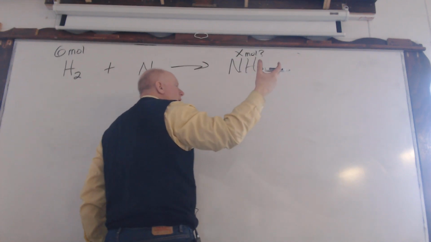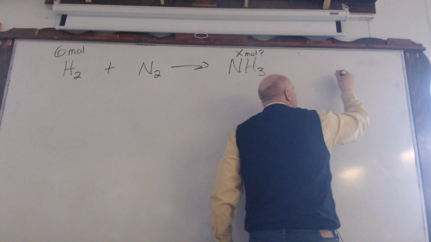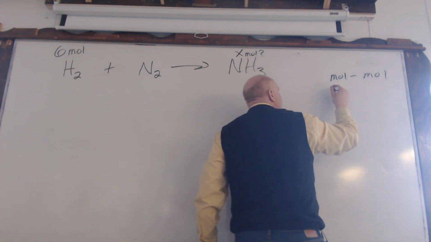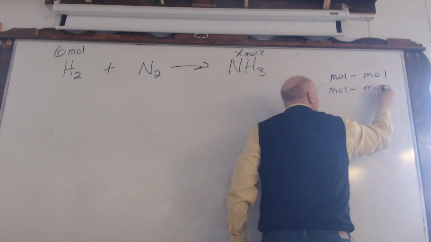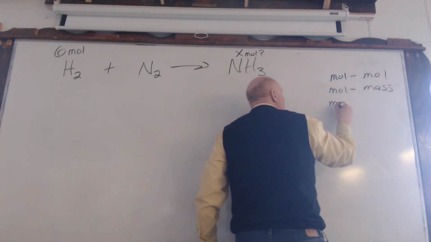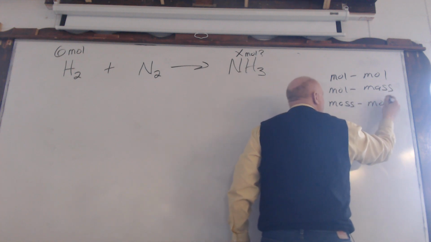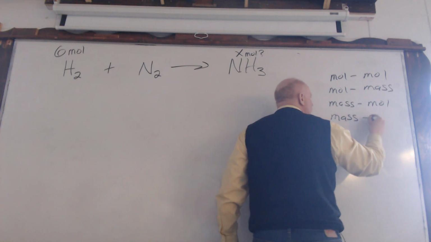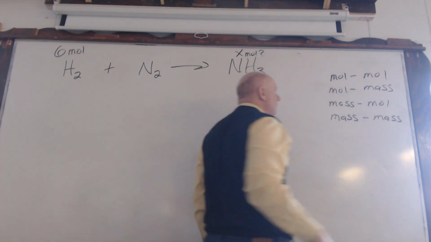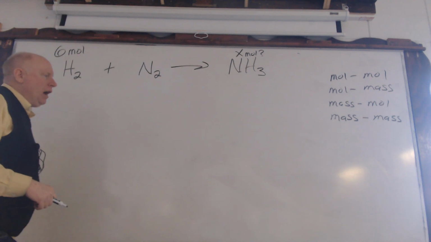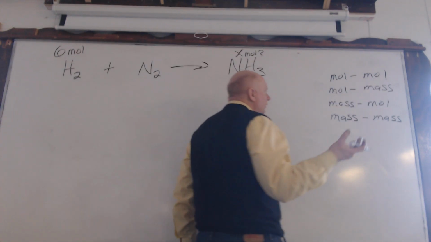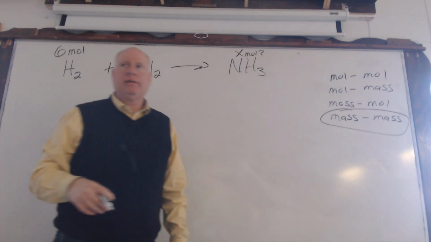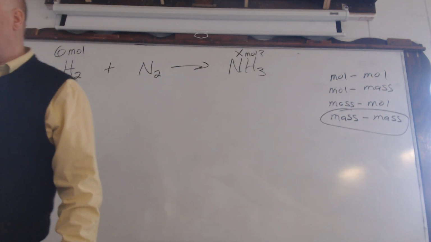Eventually, when we get further down the line, we've got mole to mole problems. We'll eventually do mole to mass problems, then we'll do mass to mole problems, and then the really long ones, mass of one substance to mass of another. I would be led to believe that with composition stoichiometry, this is probably what you're more familiar with, because that's where we left off in chapter 7.